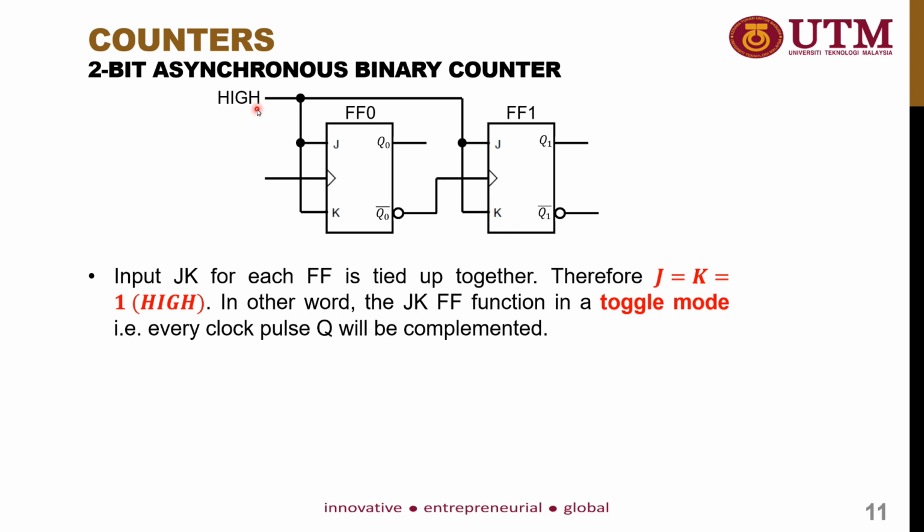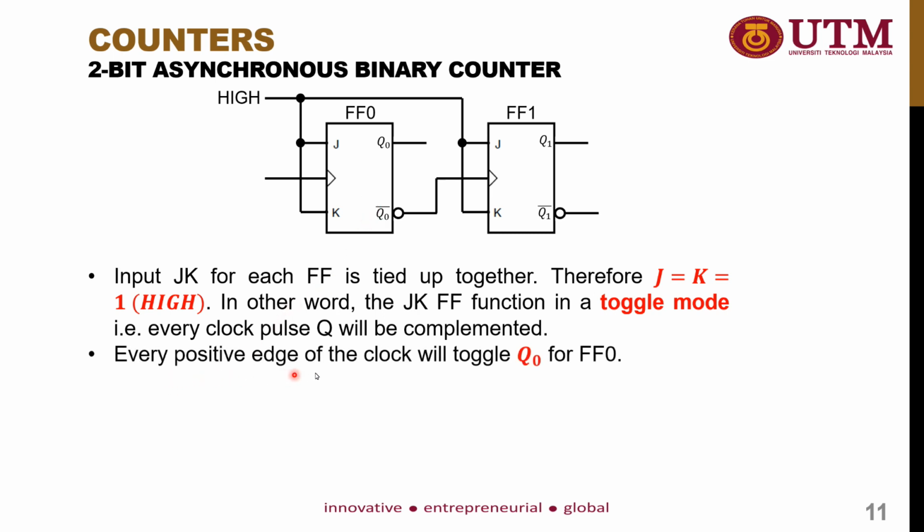So if the previous output is 0, the next output will become 1. And if the previous output is 1, the next output will become 0. So every clock pulse, Q will be complemented. The output changes at every clock pulse when it detects the rising edge because it is a positive edge triggered flip-flop.